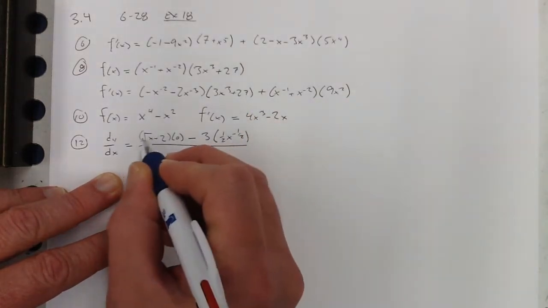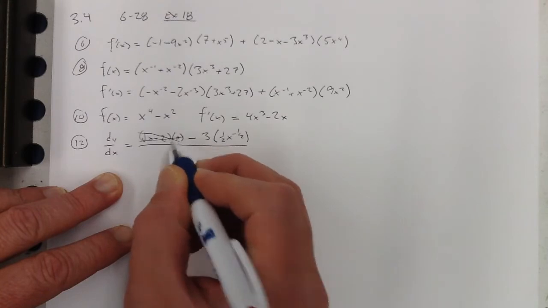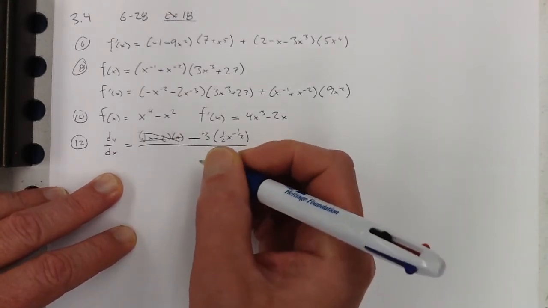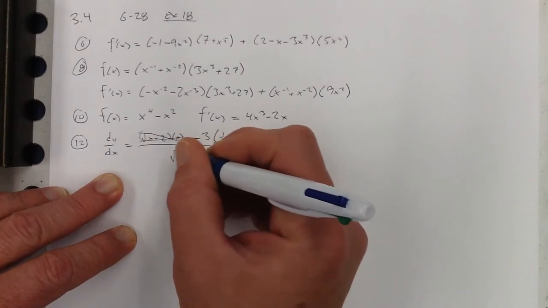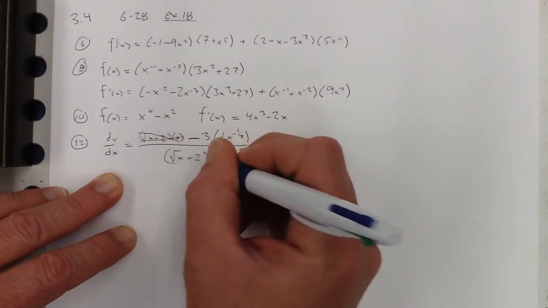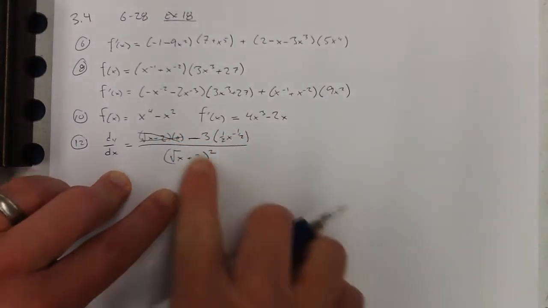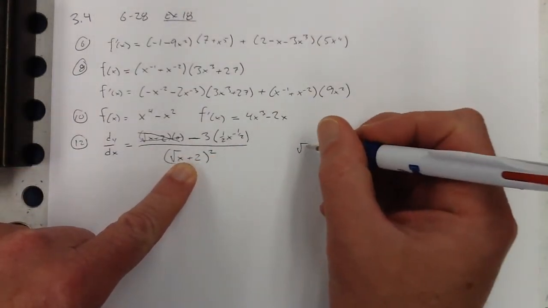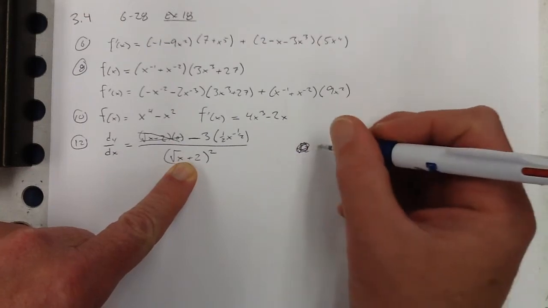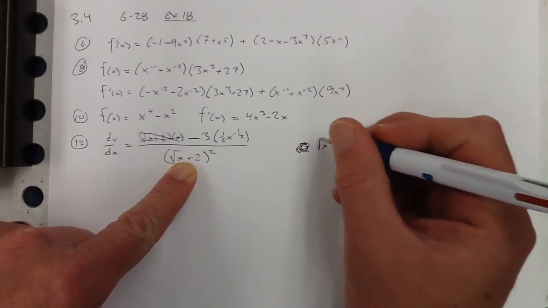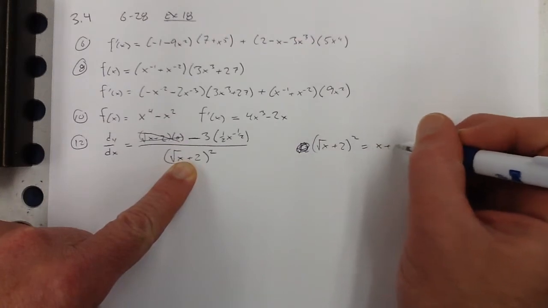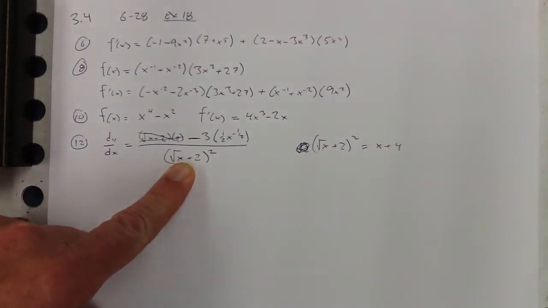There, so this is gone because that's all just a 0, but that negative sign remains. And then on the bottom I have that. And hey, that's just the square root of x plus 2 squared. Whoops. Square root of x plus 2 squared is just x plus 4, right? So you could simplify to that.